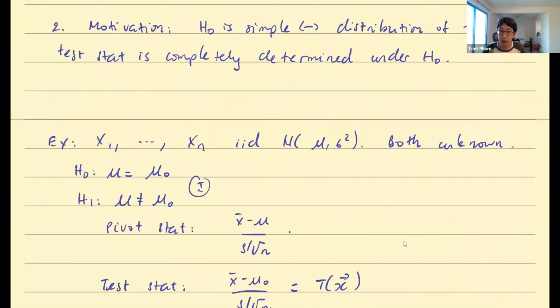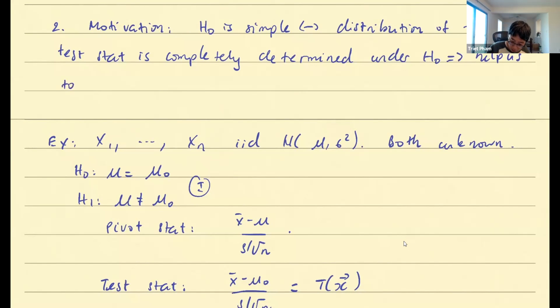Now, knowing the distribution of the test stat is important, because that's exactly the ingredient for us to decide the rejection region C of size alpha.